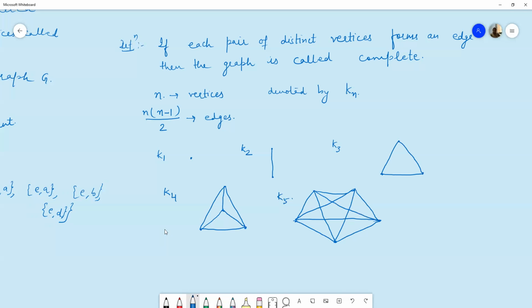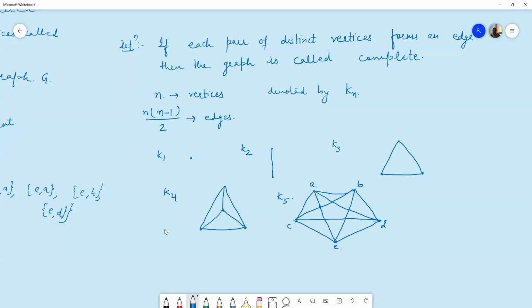Now, in drawing these graphs, we can see that there are always at least two edge curves which intersect at a point that is not a vertex point. For example, in this graph K5, let us firstly name these points A, B, C, D, E, the 5 points. Now, if we draw this edge from A to E, and then we draw an edge from B to C, then these two edges intersect at this point, and this is not our vertex point.